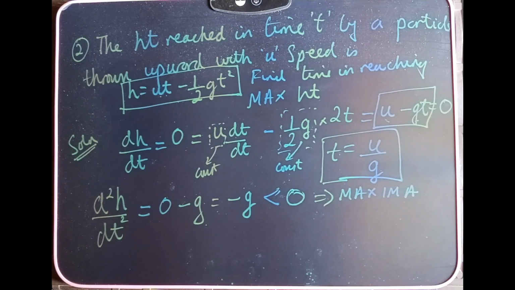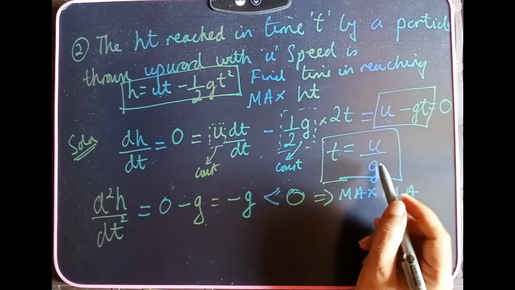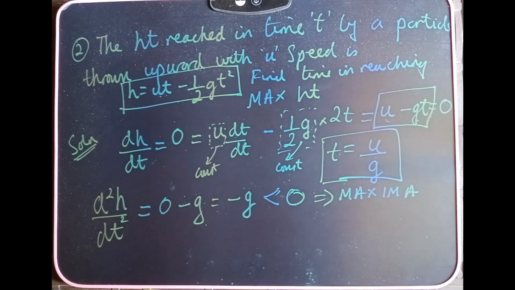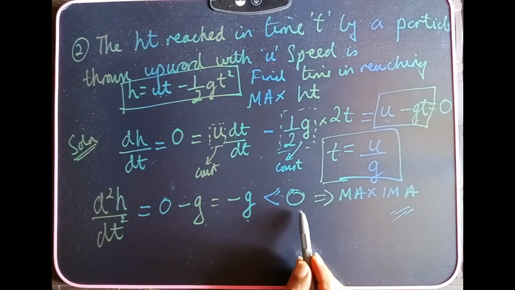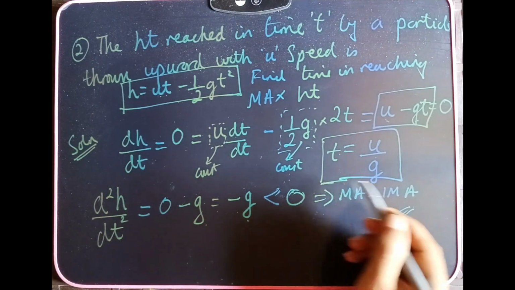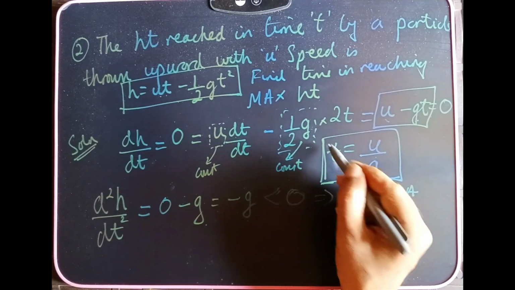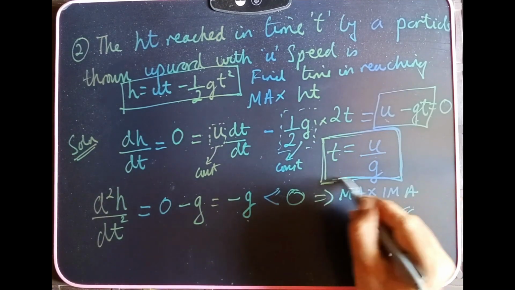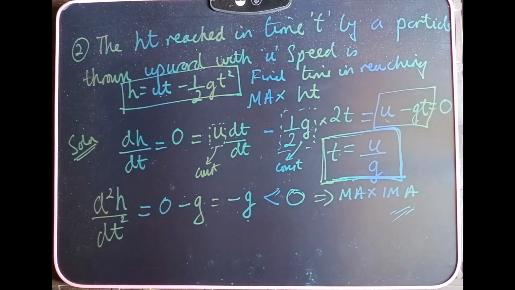So the time taken to reach maximum height is u by g, and this is proved because the double differentiation came as minus g, which is less than 0, which is the maxima condition. So because we got a negative sign, this value of t that you found here will give you the maximum height for the particle.